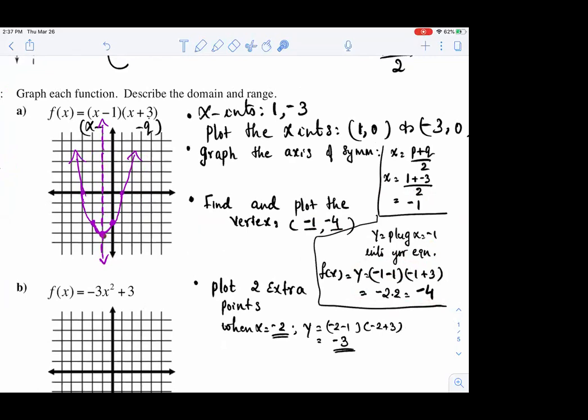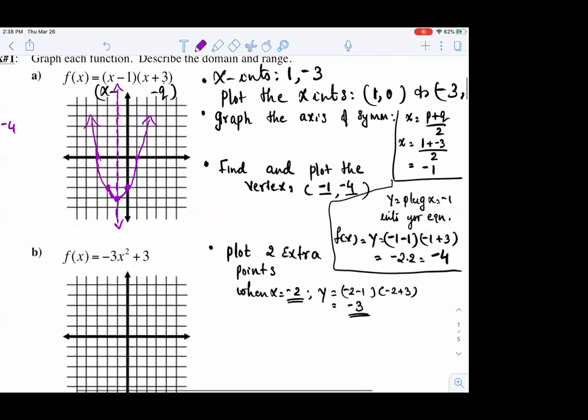And then you plot the vertex. Then you need 2 more extra points. You just pick some points. I think Ali said -2 because she sees that we already know this one. So why not take care of -2? Or you can think, oh, I want to take care of 0, and you get this, and then you flip this. So either way is fine. Clear? All right, next question.